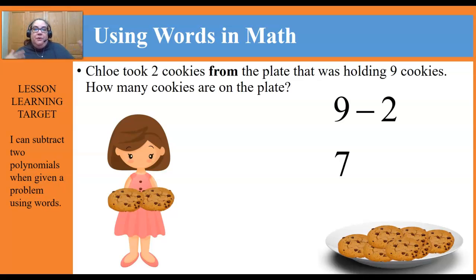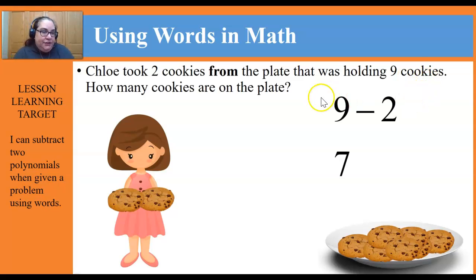But it also sort of means that the numbers are going to be switched. Really what you need to do is just pay attention to what's going on in the math, but I thought that this would be an easier example. If you're taking 2 cookies from something, it's subtraction, but you've got to pay close attention to what was originally there versus what you are taking away.